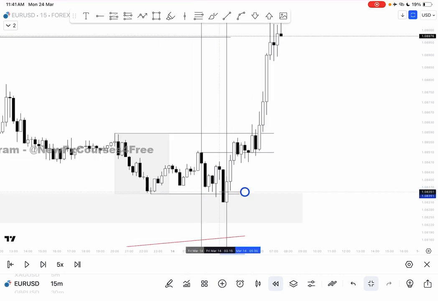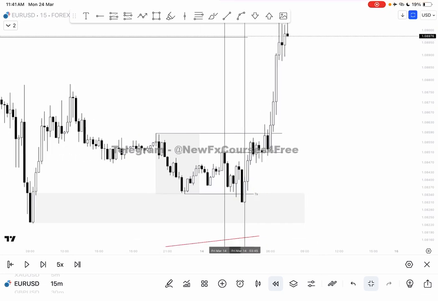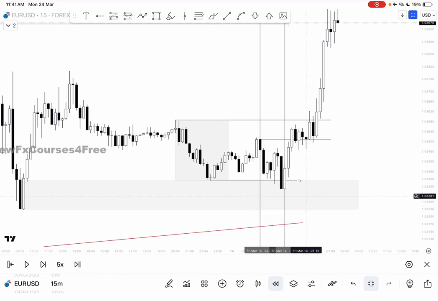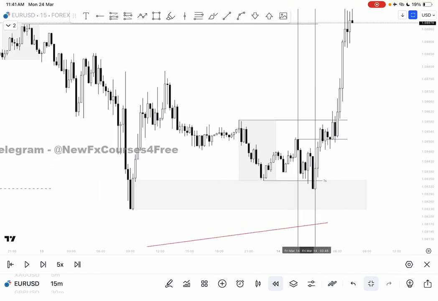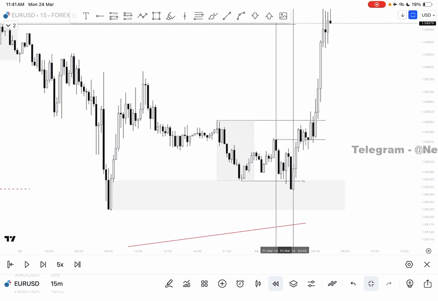So this was purged at a key time, and remember I told you the purge should happen between 2 a.m. to 3 a.m. So this was swept 3:30 a.m., tapping on the rejection block. Remember, your higher time frame rejection block is your lower time frame order block. As you can see here, this is actually a lower time frame order block.